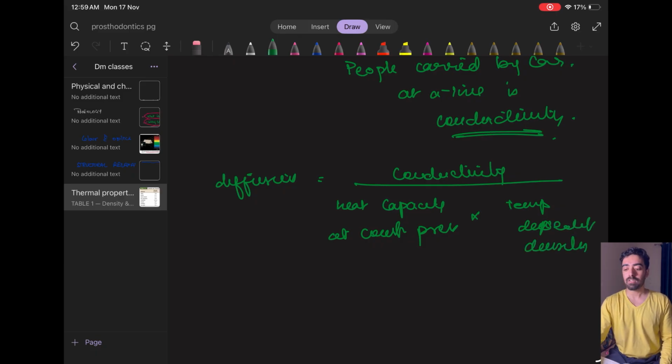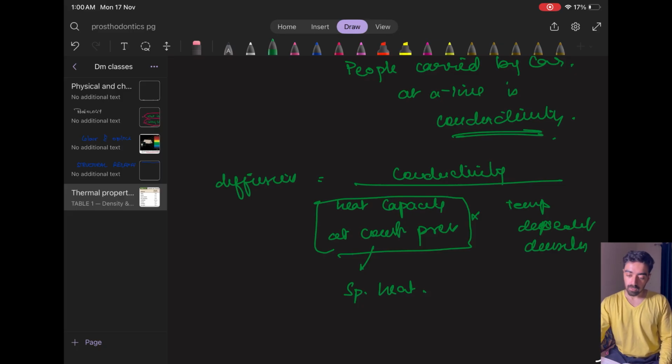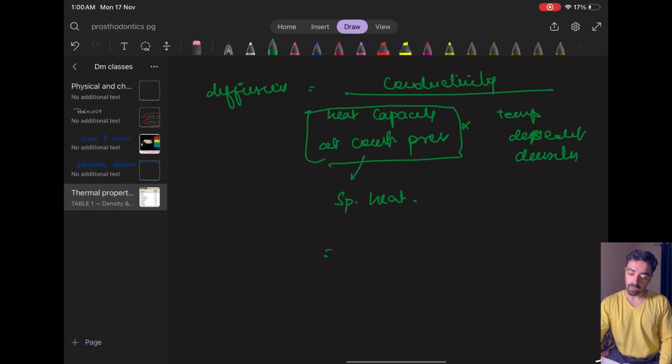So heat capacity at constant pressure has another terminology, which is known as specific heat, is the other name of this thing, and temperature dependent density. Conductivity is represented by kappa. Heat capacity, let us call it Cp, at constant pressure into temperature dependent density, which is denoted as this Greek rho.